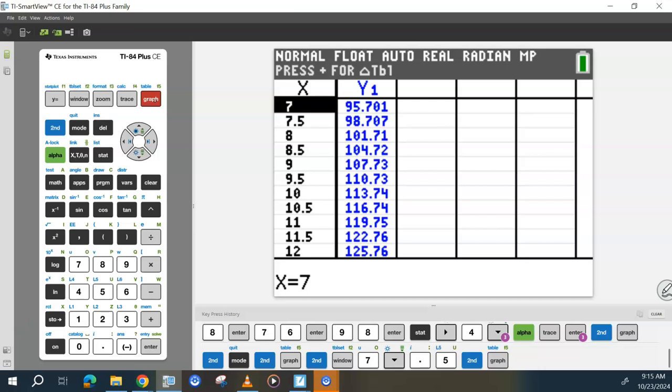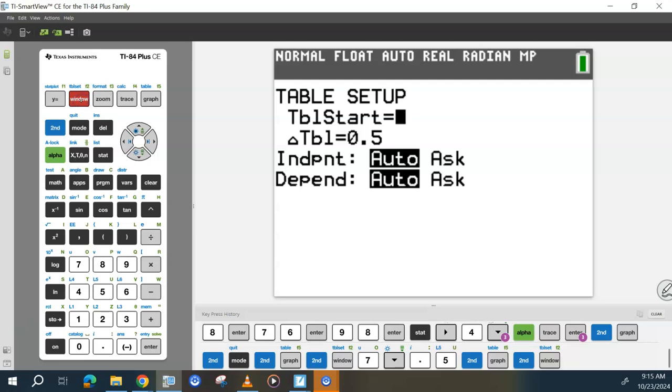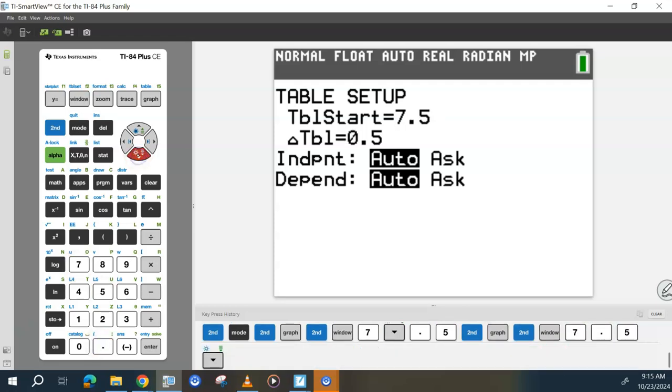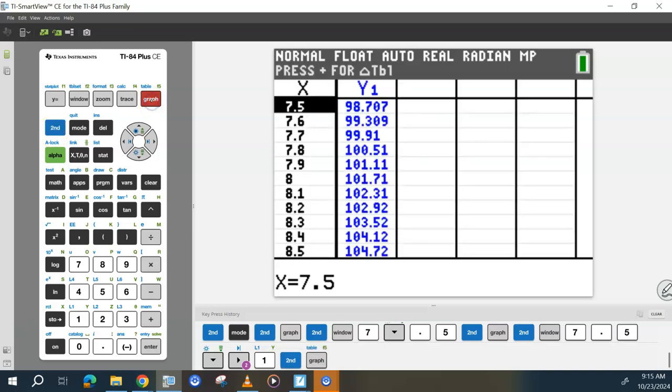So I'm going to change it one more time. Second window. Now I want this to start at 7.5, and I'm going to change this to 0.1. Back to the table, second graph. Now I can see that between 7.7 and 7.8 is where that goes over. At 7.8 for certain, it goes over.